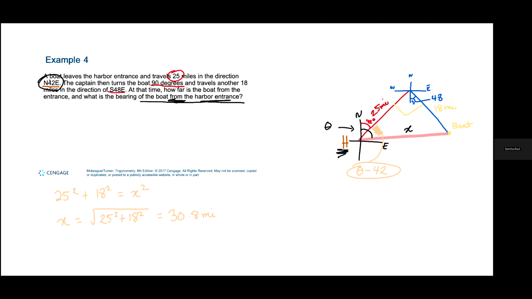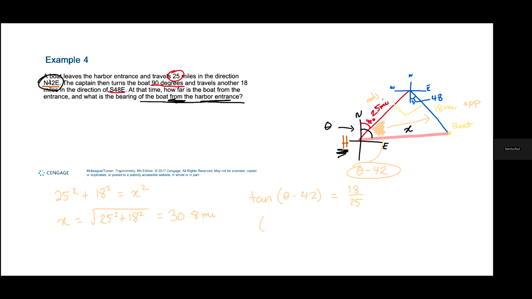Now we want to find again this angle. So this is going to be the opposite side of the angle, and this is the adjacent side. So we can do tangent of theta minus 42 equals 18 over 25.